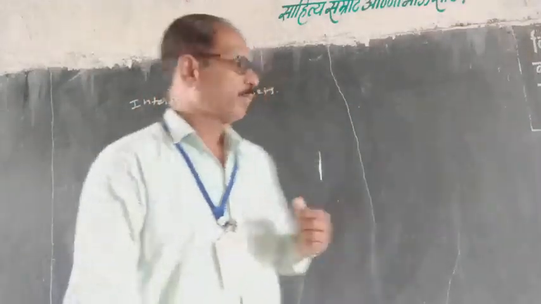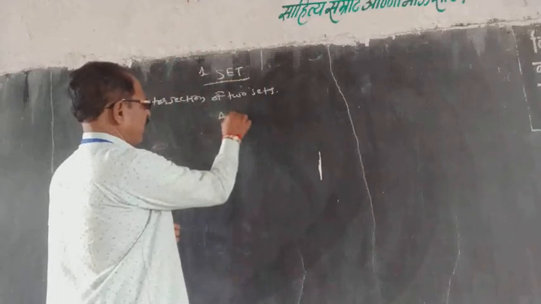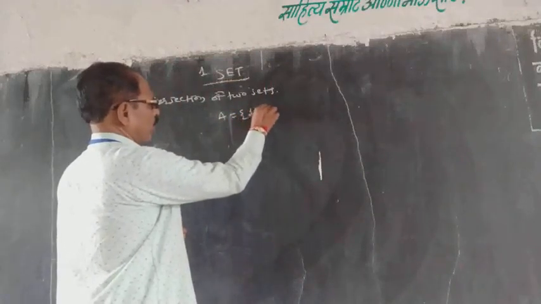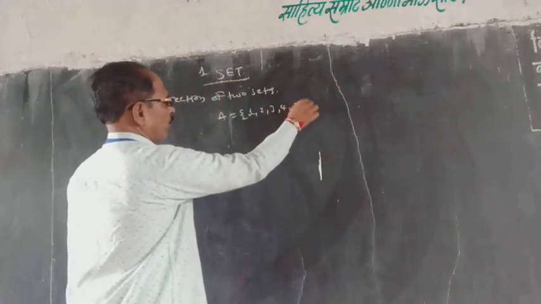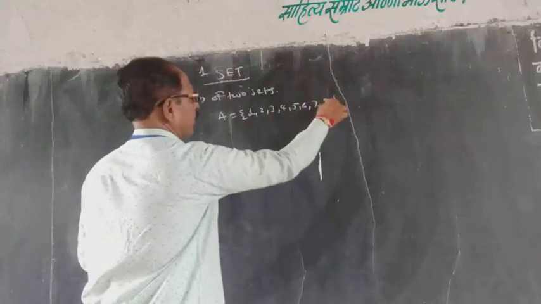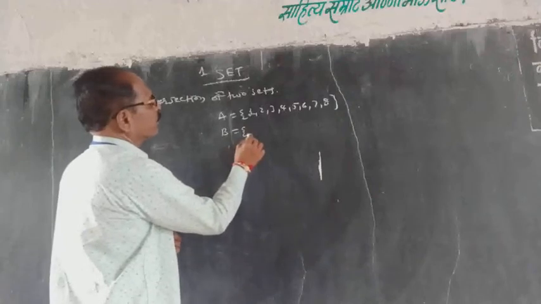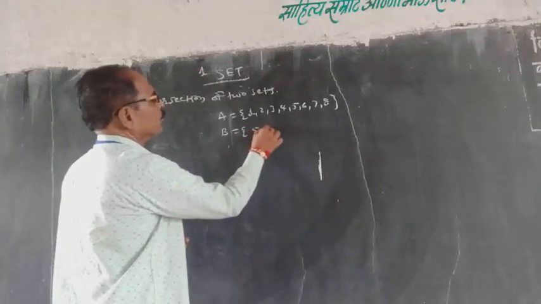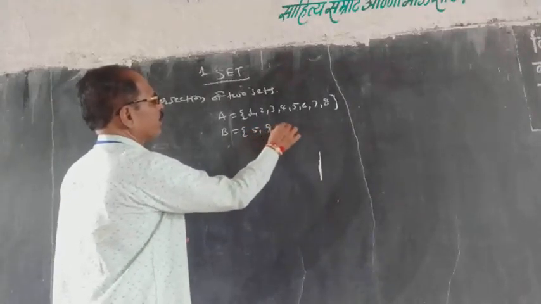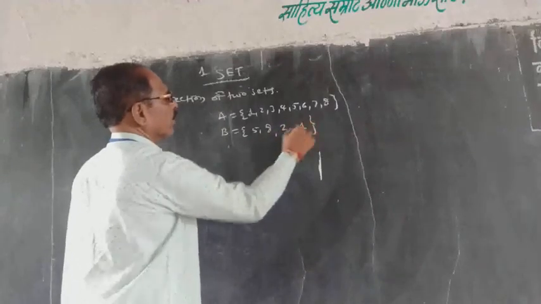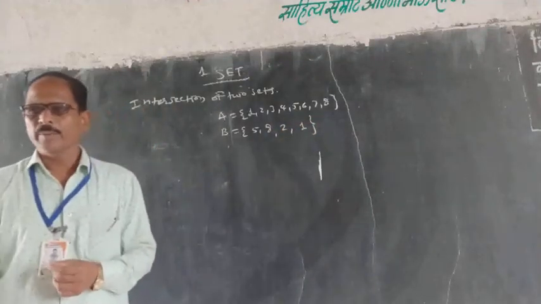For example, in set A there are 1, 2, 3, 4, 5, 6, 7, 8, and in set B, 5, 8, 2, 1. These elements are given.